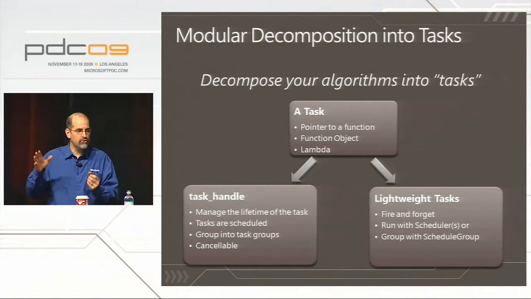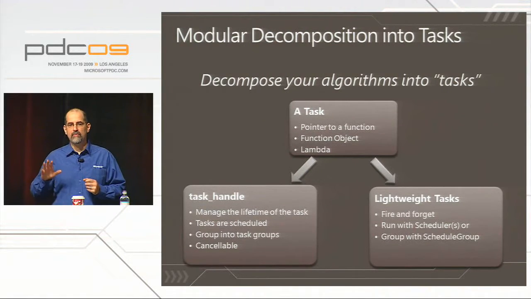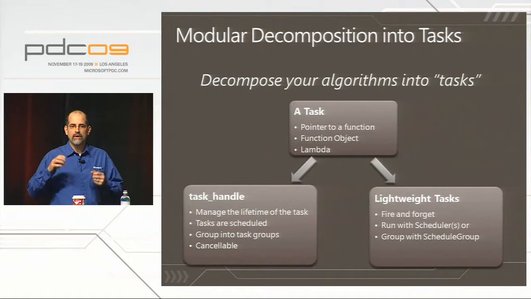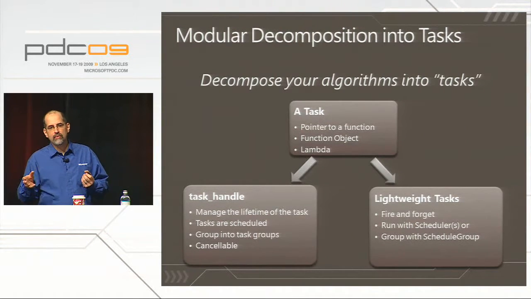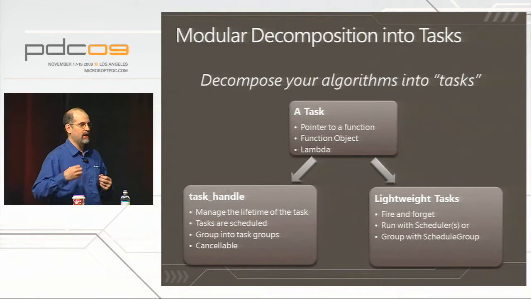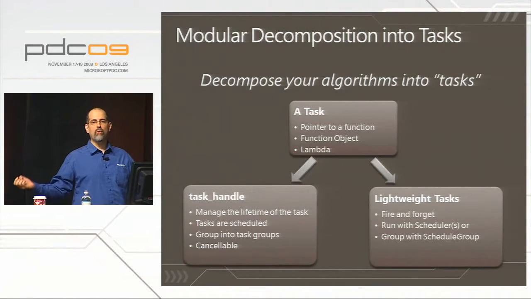You can schedule lightweight tasks together. And we talked a little bit about that yesterday. We had a small group down on the server floor. You can specify with which schedule groups agents and their messages should be affinitized. Tasks, you see when you say parallel for.